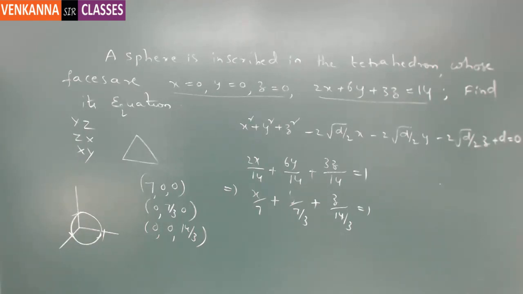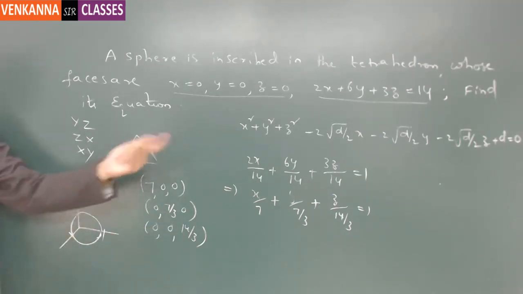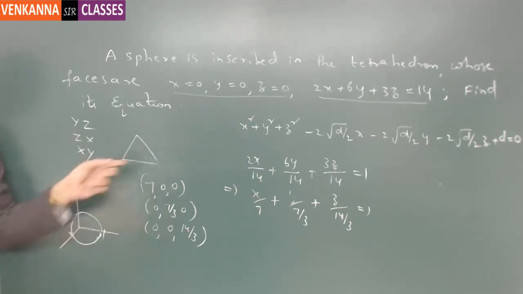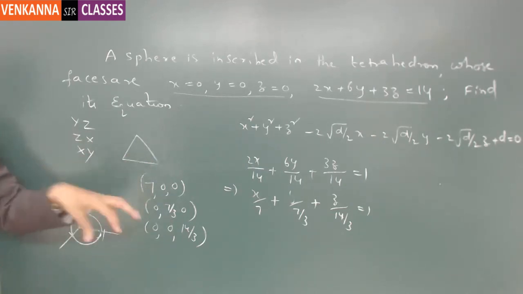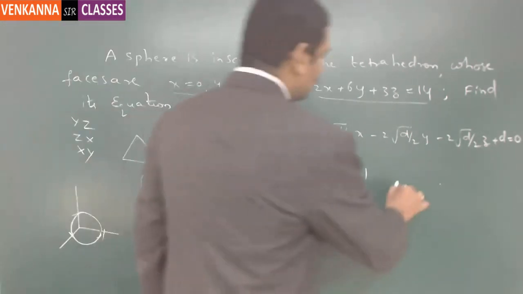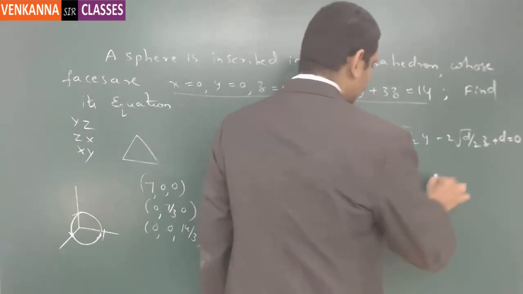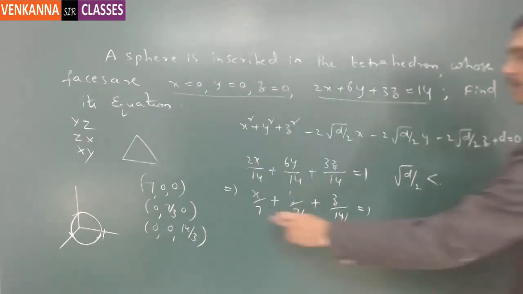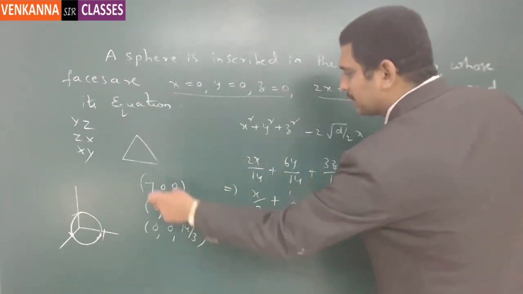Are you getting the thought or not? So the value of root d by 2 must be smaller among the 3 values, because you have 3 different numbers. Otherwise, if the value of root d by 2 exceeds one of them, then the sphere will not fit there. So we have to take the root d by 2 value to be less than the smallest among the 3 intercepts.